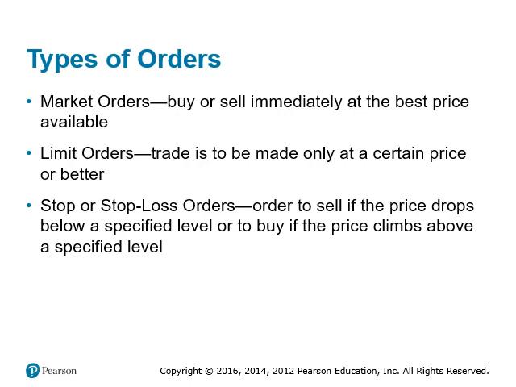These are orders to sell if the price drops below a specified level, or to buy if the price climbs above a specified level. So all these are the types of orders that you should know, and you communicate duly with your manager, your investment broker, on when to buy, when to sell, and so on.